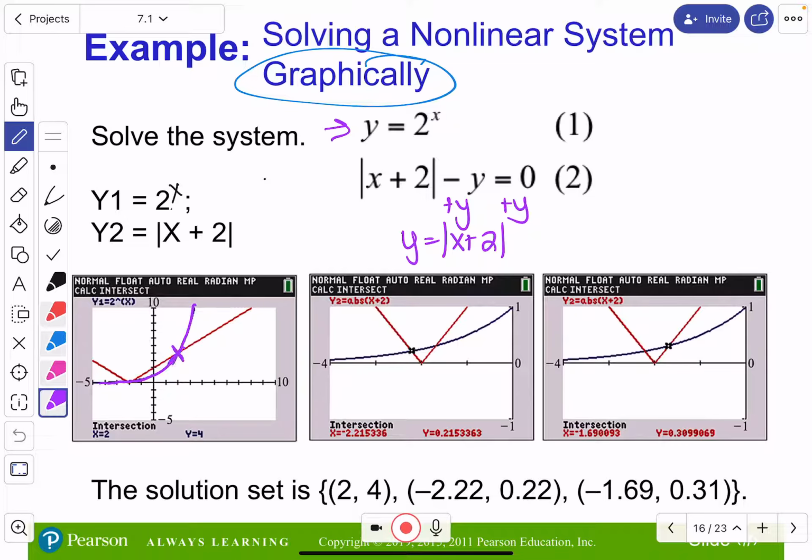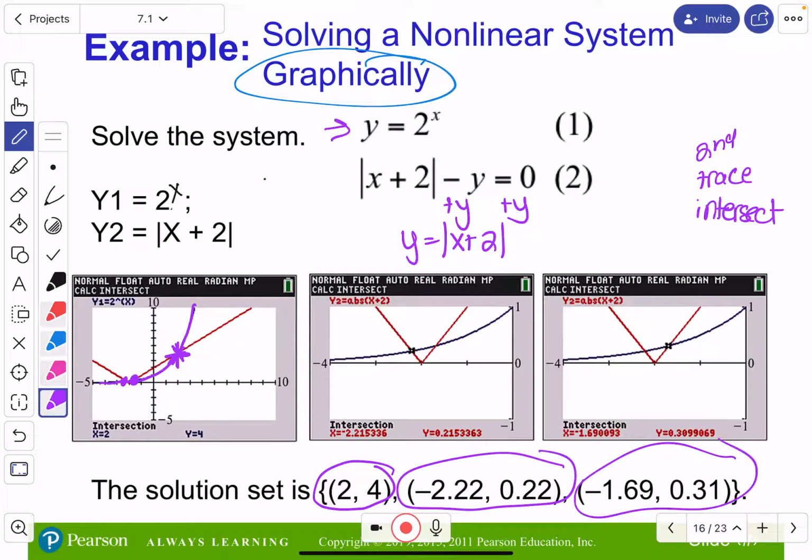We see one intersection point here, that's going to be this 2, 4. And then if we zoom in, there are actually 2 intersection points down here. By using our second trace intersect, or finding the gray points on Desmos, you get the other 2. So this one actually had 3 intersection points, so 3 solutions.